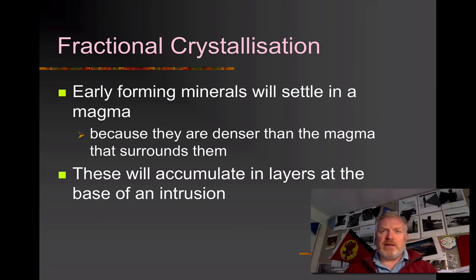The result of that is we can get accumulations of particular minerals at the base of intrusions. And that can be also one way that we concentrate valuable minerals. More of that in a later topic.